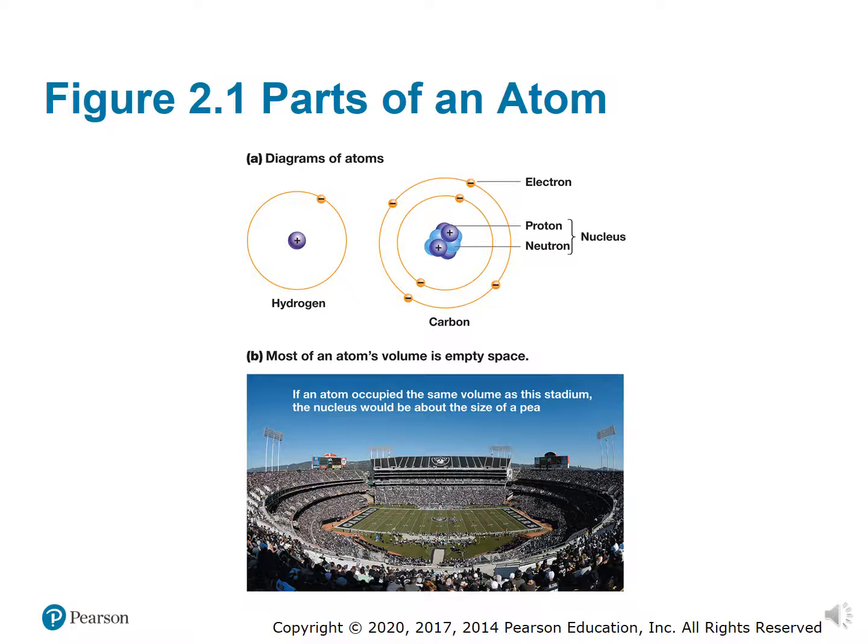On the other hand, carbon has both protons and neutrons in its nucleus, and in its first shell there are 2 electrons orbiting around, and in the second shell there are 4 electrons orbiting around the nucleus. The best analogy that you can give is the atom, the nucleus, is like a football on the 50-yard line, and the electrons are orbiting around just like the seating in a stadium.